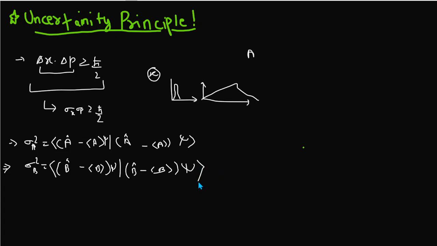Okay, so this is how you are going to write the variance square of A and B respectively.